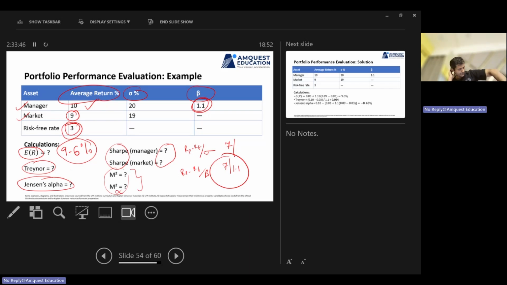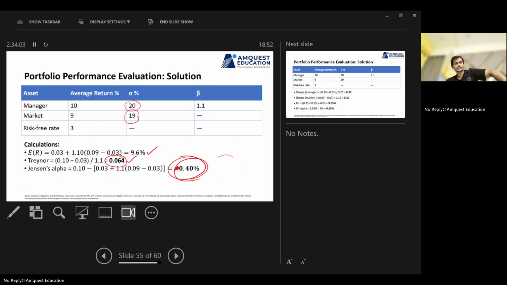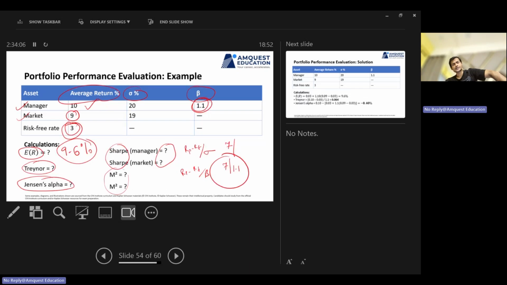Any questions? So you said Treynor, Sharpe, Jensen, and M squared. M squared is for market and Jensen's alpha is CAPM, right? Correct. So in this case, 0.4 and the other one, can we compare or not? That's why I said they're not directly comparable, because Jensen's alpha tries to give you the extra return you're earning compared to the CAPM return.